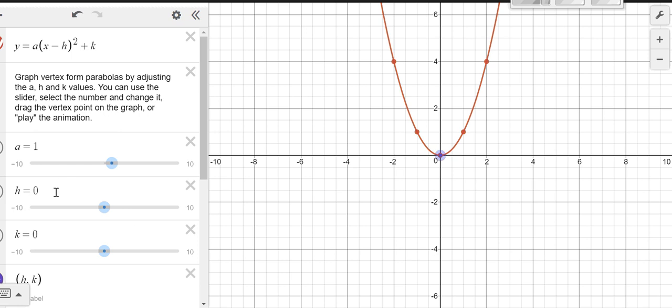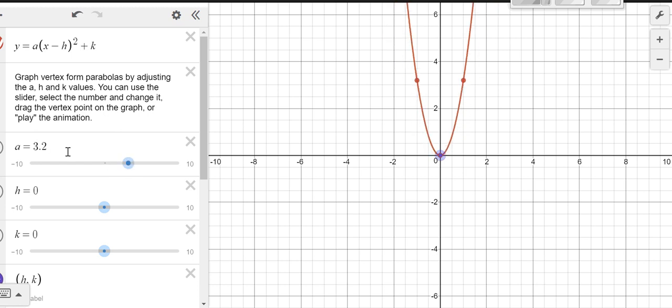Let's just leave our vertex here at 0, 0, but I want you to take the slider for your a value and move it and pay attention to what happens to that value as well as what happens to your picture. Notice here that these big lines are all 2. So I've got 2 or negative 2, up 2 or down 2. If you wanted to move 1, that would be this middle light gray line. Each of these lines are half. I hope that makes sense for you.